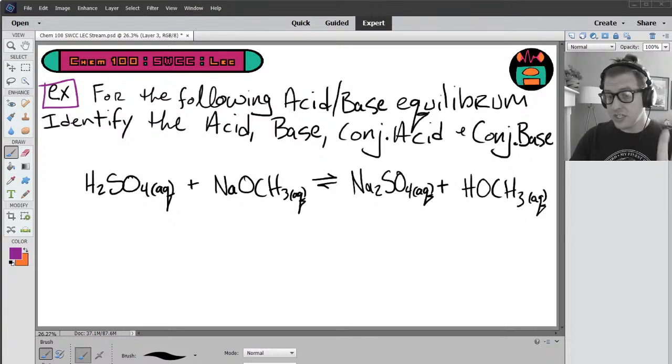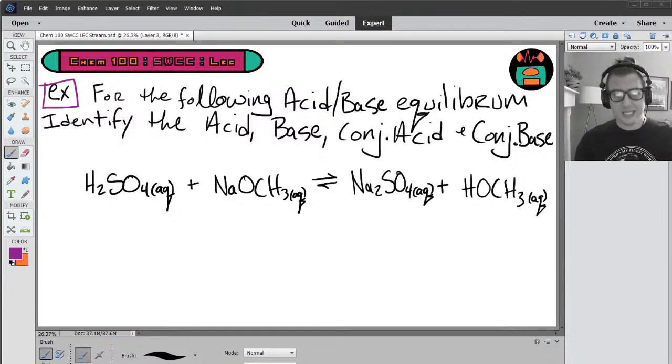The Arrhenius definition allows us to identify an acid and base based on what they produce in water. But this isn't a reaction with water. This is a reaction between compounds, making other chemicals. So when you are looking at a reaction that isn't with a molecule of water, the Bronsted-Lowry definition is the way to go.